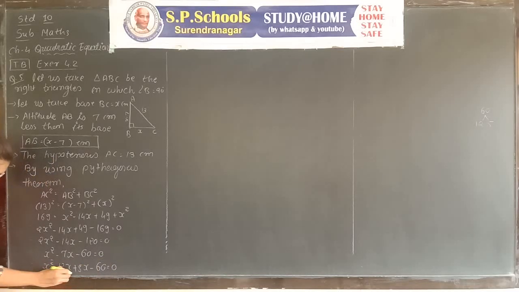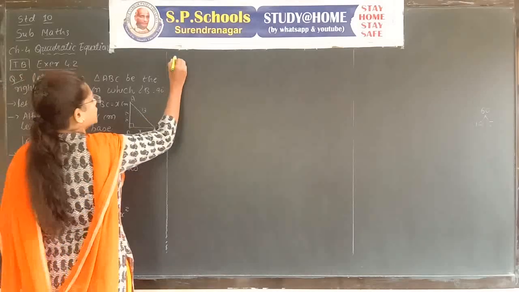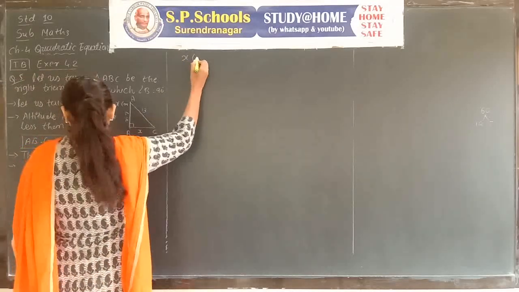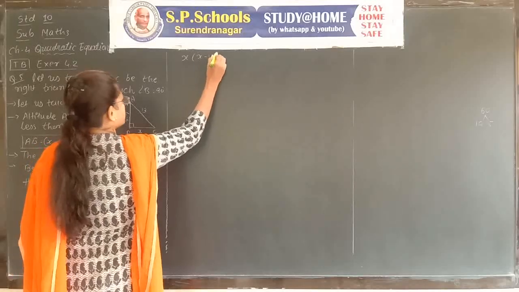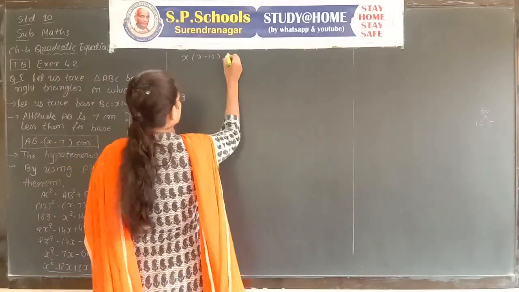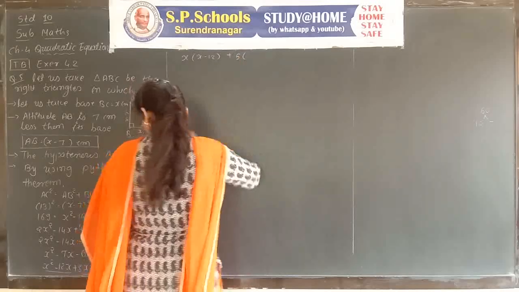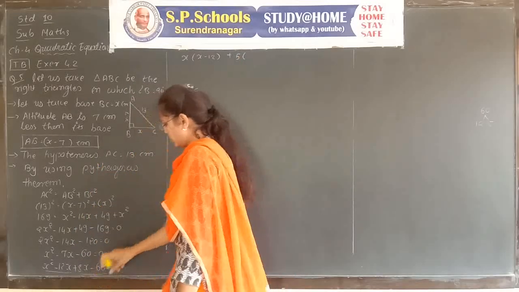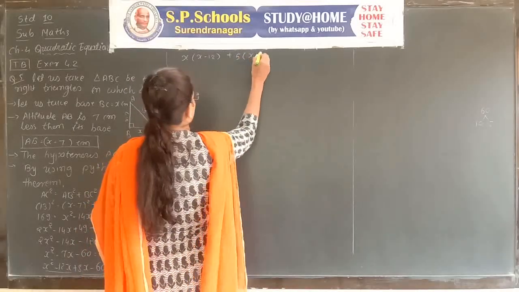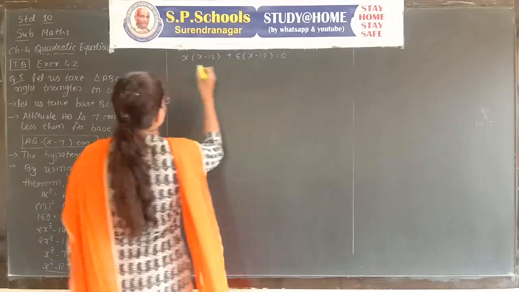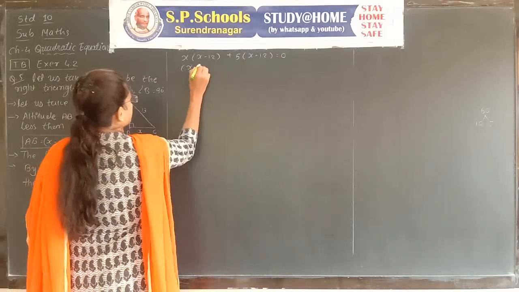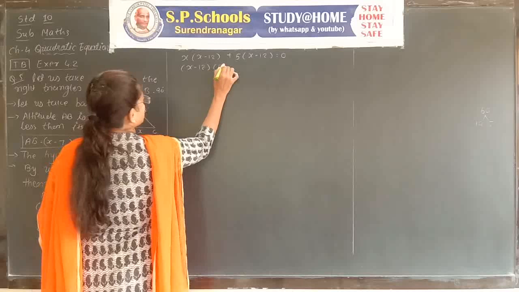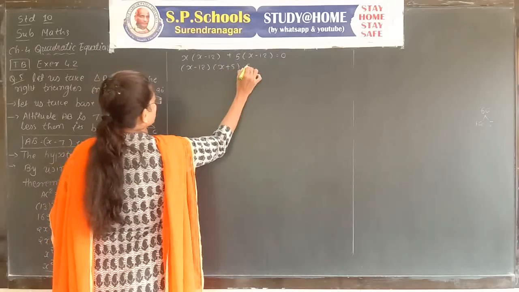Minus and plus, pair of first two and the pair of last two. That's why x into bracket x minus 12 plus 5 is common, remaining in bracket x minus 12 is equals to 0. Into first bracket x minus 12, in another bracket x plus 5 is equals to 0.